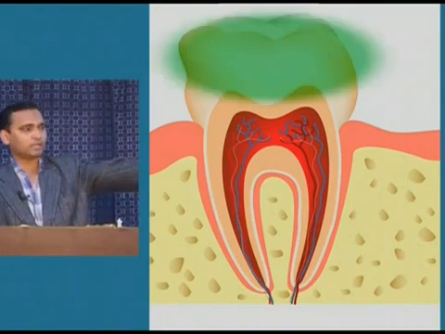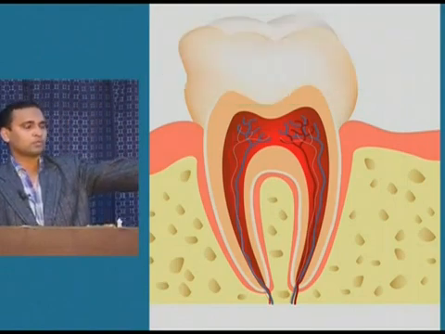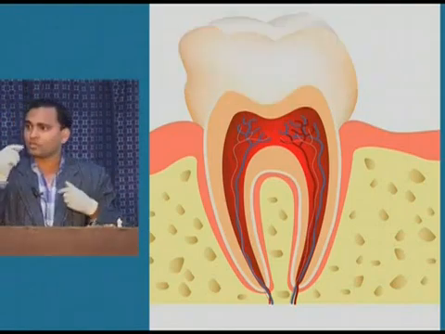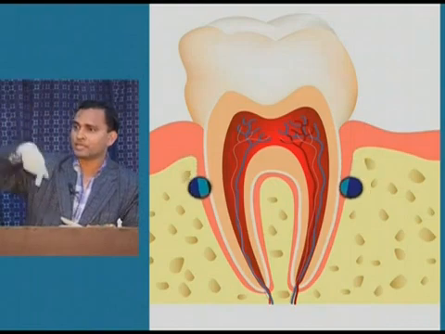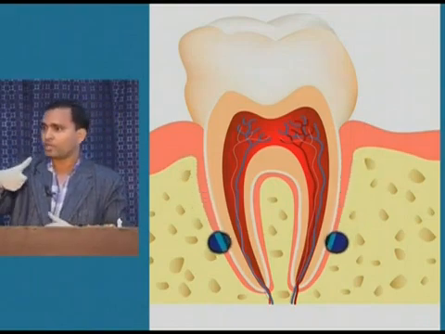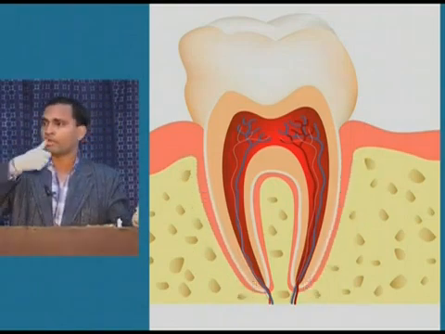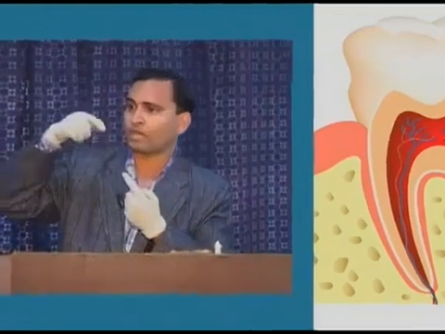If you look at the diagram, the tooth we see is a very small portion. The maximum amount of dentine is inserted within the socket. If someone has had a tooth extraction, you can see more dentine is inside the gum and less is visible above.